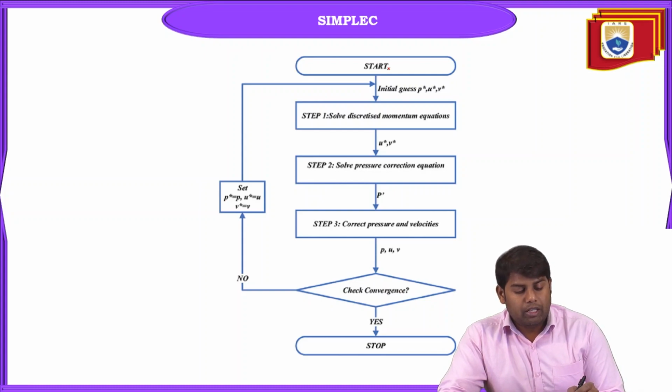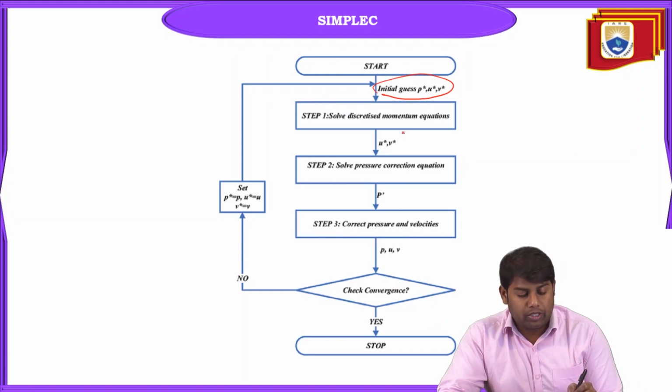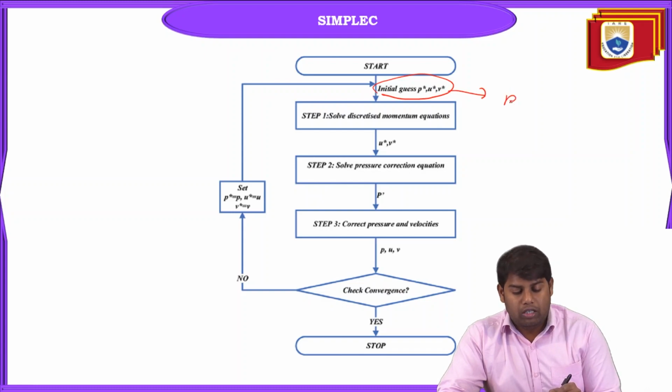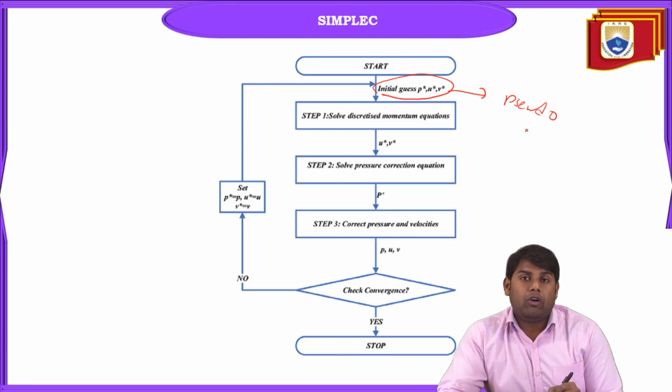Here is the SIMPLER algorithm. We have seen that SIMPLEX is an adaptation of SIMPLE. Here, instead of going directly from the initial guess values to the discretized momentum equation, we use other terms called pseudo velocities or pseudo variables.